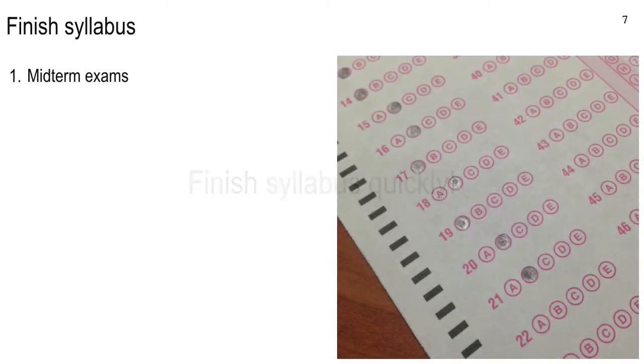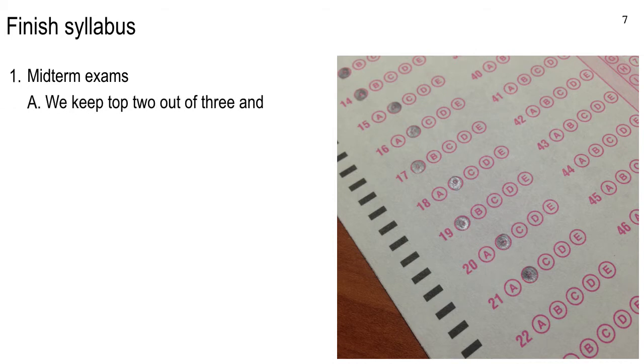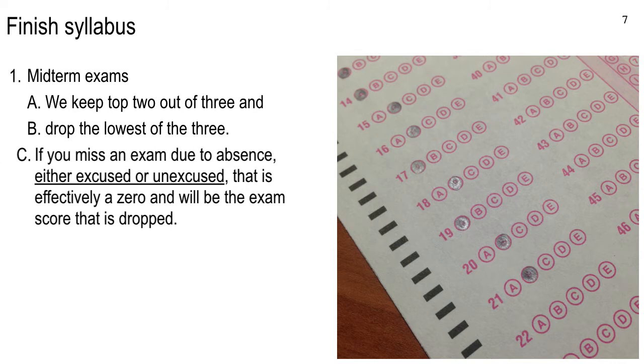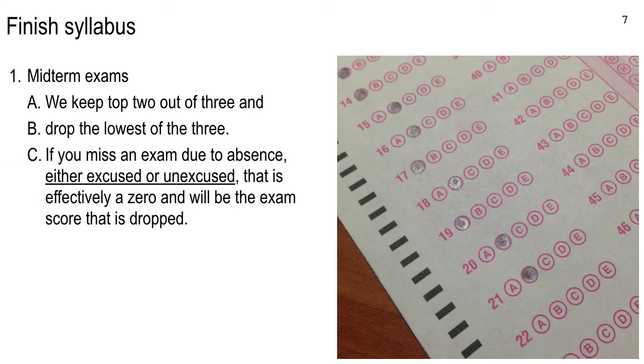Just a few things I want to reinforce, specifically about midterms. We've got 3 of them, and the normal method that we handle absences on midterm exam day is by keeping 2 out of the 3. We drop the lowest, keep the best 2. Now, if you are absent, either excused or unexcused, then that's effectively a 0, and that becomes the lowest out of the 3 exams.